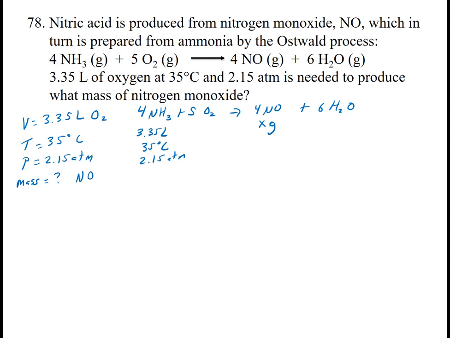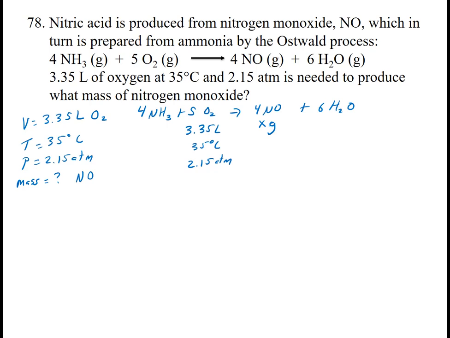Whoops, this is O2. I just made a mistake. I wrote it under ammonia. Sorry. 3.35 liters, 35 degrees C, and 2.15 atmospheres. Sorry. Okay, since I have my volume, my temperature, and my pressure, I can find the n.